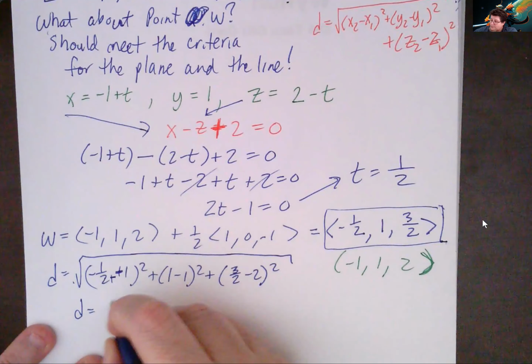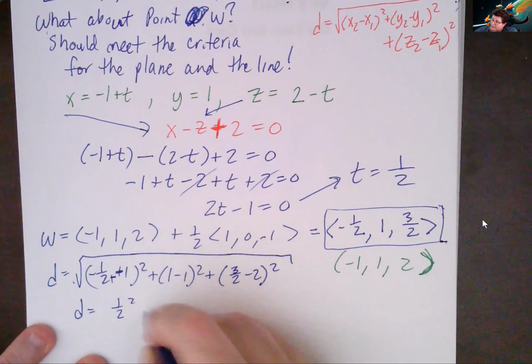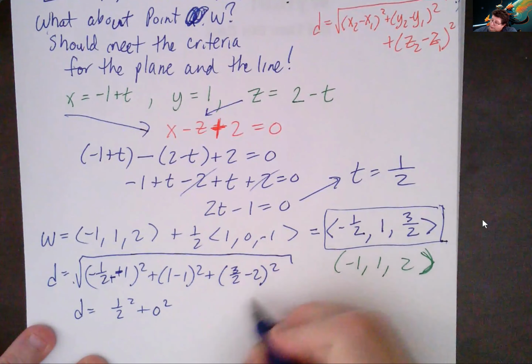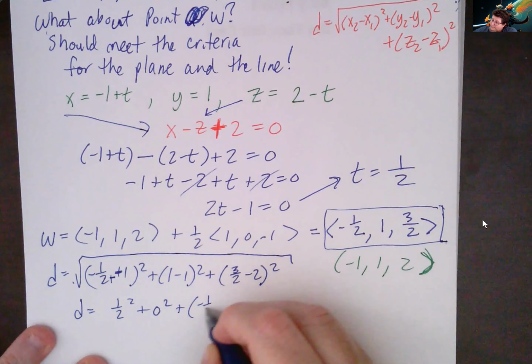So this is 1/2 squared plus 0 squared plus negative 1/2 squared.